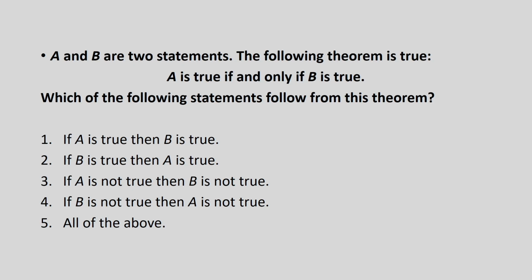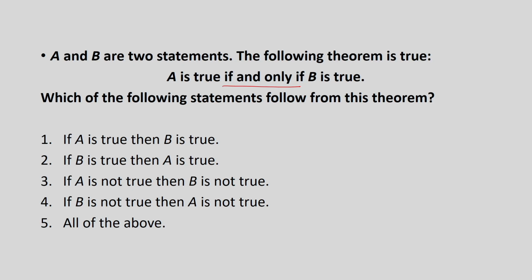Okay. Here is another problem from mathematical logic. A and B are 2 statements. The following theorem is true: A is true if and only if B is true. Which of the following statements follow from this theorem? The first option is if A is true, then B is true.